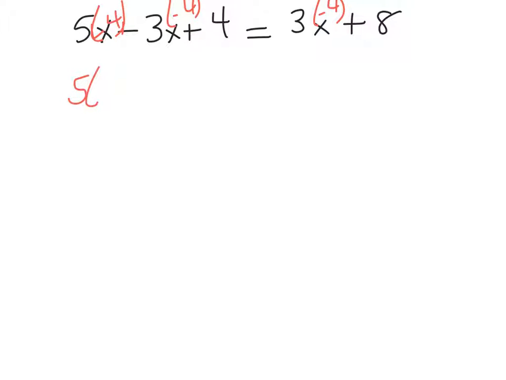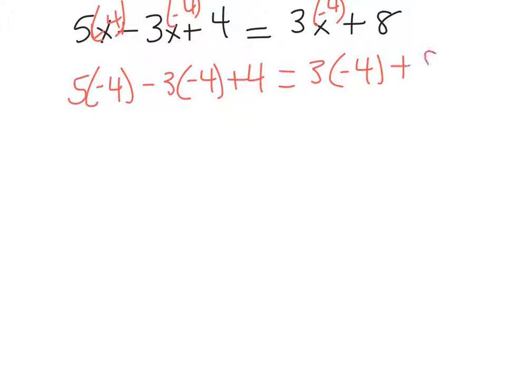So this would be 3 times negative 4 plus 4, 3 times negative 4 plus 8. And because we're testing this out, we would actually have a little question mark above the equal sign because we are checking our answer here.